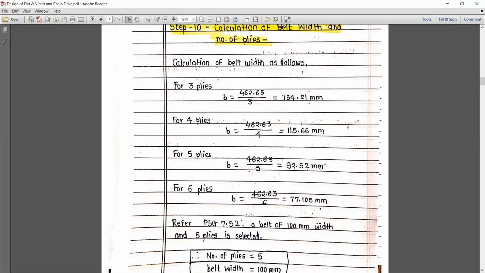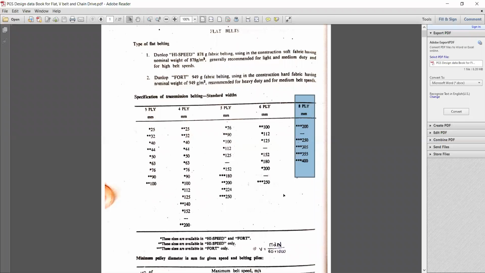Now out of this we have to select a proper value of B. When we refer to the values, for 6 plies the range starts from 100. In case of 5 plies, the calculated value is 92.52, which is nearer to 100.